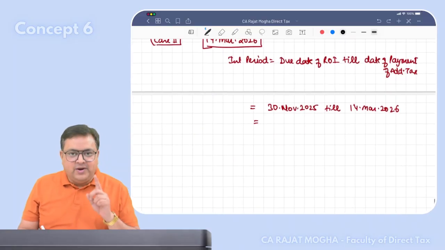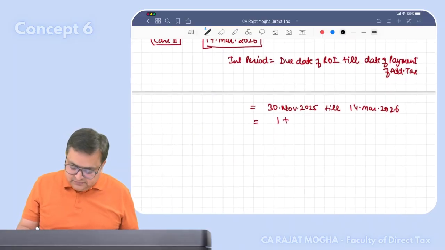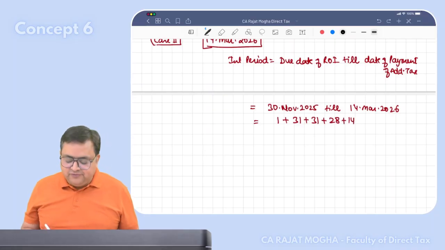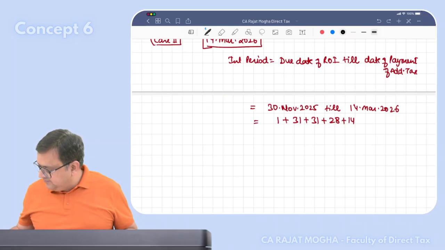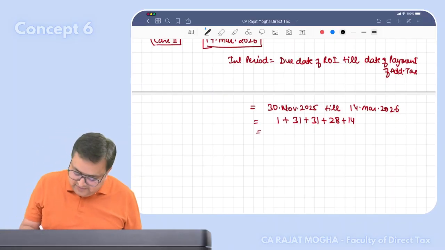So 1 day of November, December 31 days, January 31 days, February 28 days, and 14 days of March. 1 plus 31 plus 31 plus 28 plus 14 is 105 days, guys.